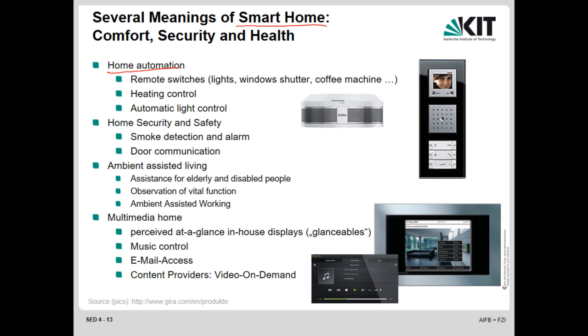So remote switches: you would like to control your lights, your windows, maybe your coffee machine, you can open or close the door and things like that. You have home security and safety, smoke detection, a very important thing. Ambient assisted living is an important part, in particular support for elderly and disabled people.